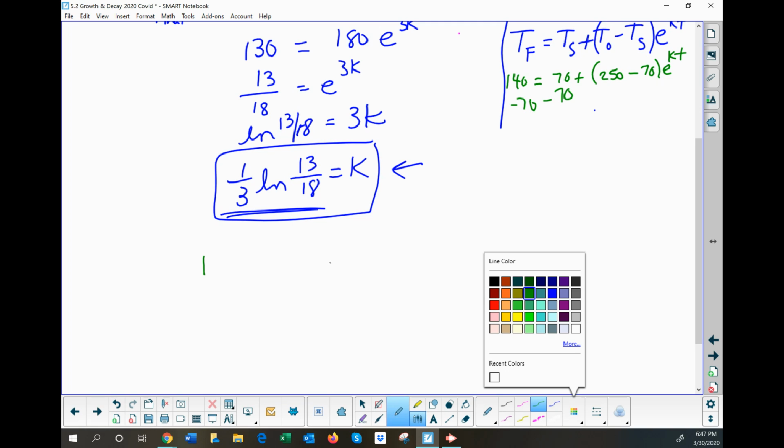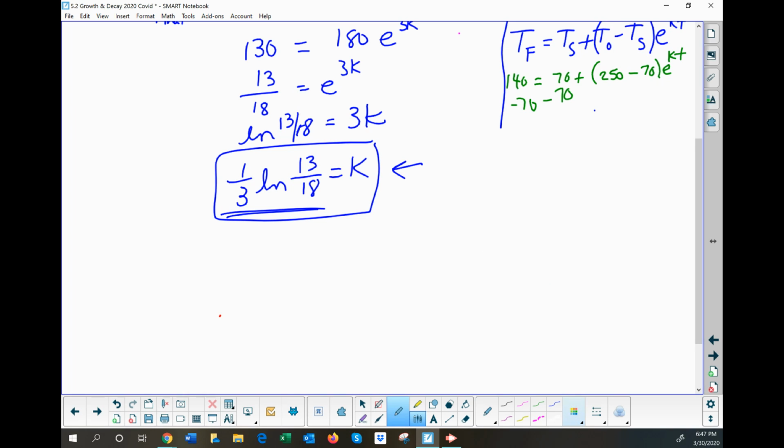So I have 70 equals 250 minus 70, which is 180, e to the, this is my K value, 1/3 natural log 13/18 times some amount of time. Divide by the 180, that brings me to 7/18. I canceled my zeros.